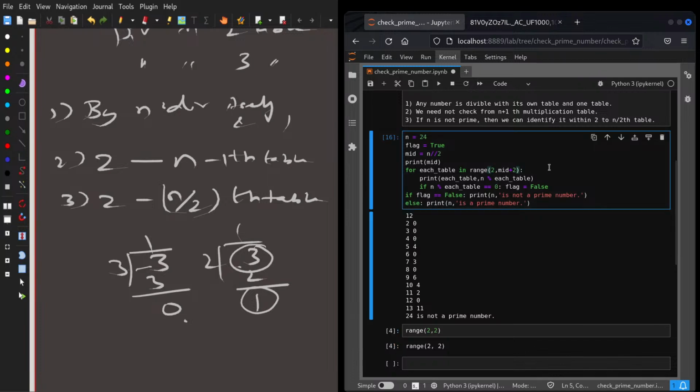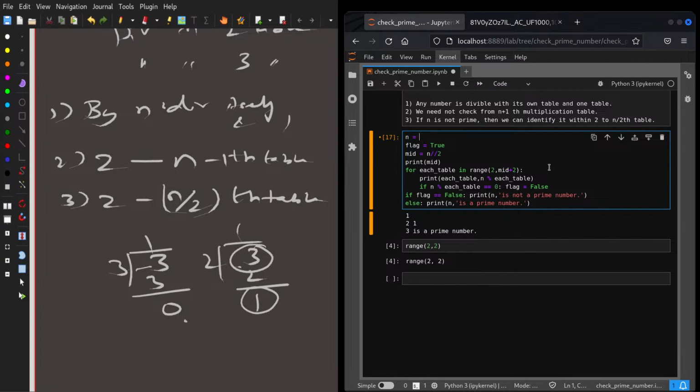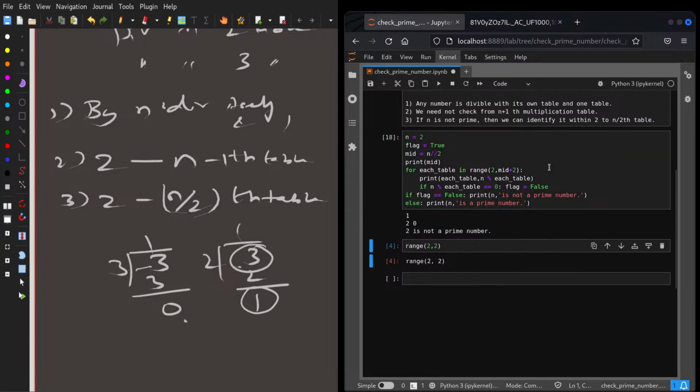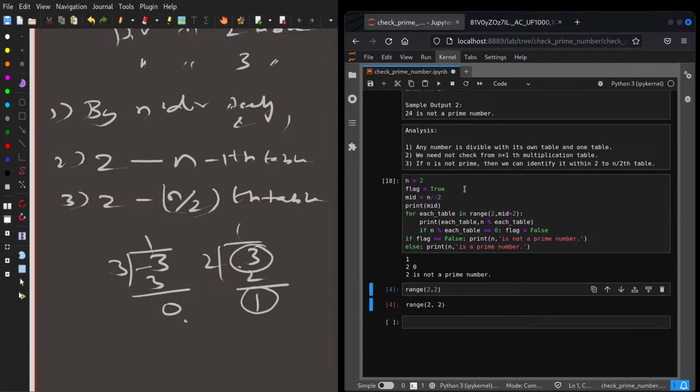But why did we put 2 over here? Because in case of 3, we want this loop to run, isn't it? Okay, what if we give 2? Our condition is we can give 2 to 99, isn't it?